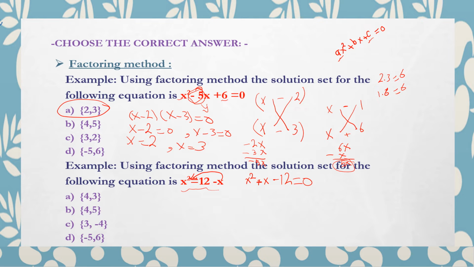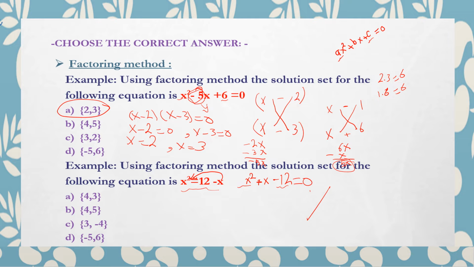By taking -x to the other side, the sign of the x will change from minus to positive. So x^2 + x - 12 = 0. Step number 2 is to factor a and c.